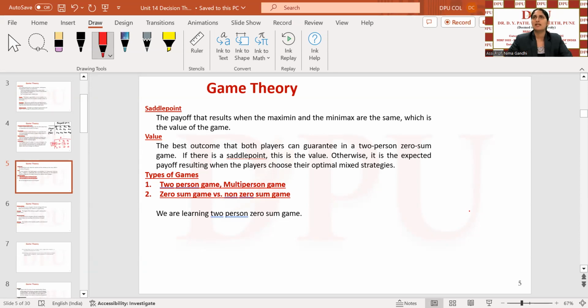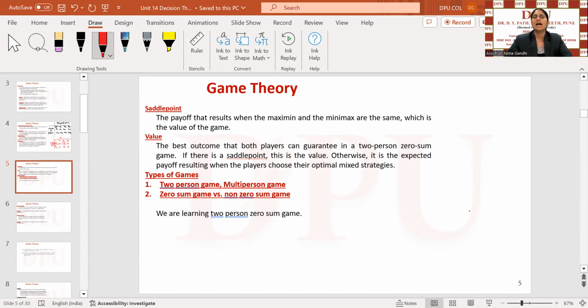Two-person game means two players are involved, and zero-sum game means the profit for one player is the same amount as the loss for the second player. If there is a saddle point, there is a value, and that value is the value of the game. Otherwise, it is the expected payoff resulting when players choose their optimum mixed strategy.